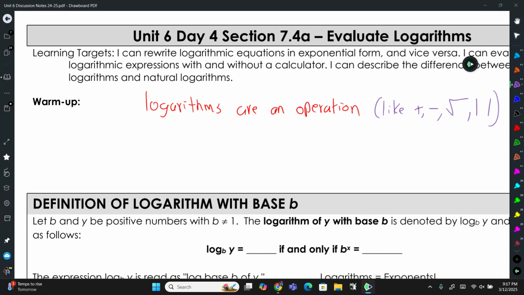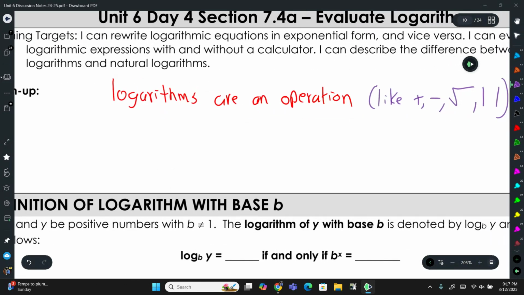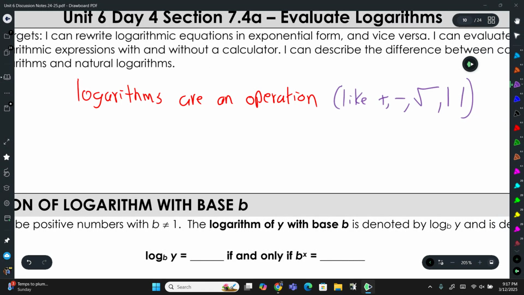Those are all operators that do something to one or multiple numbers to get a new number, a new result. So a logarithm is just a new operator.